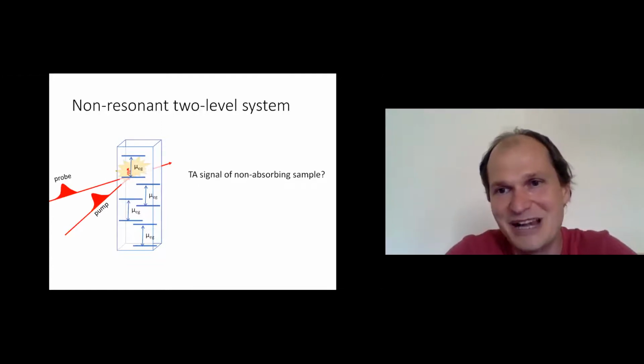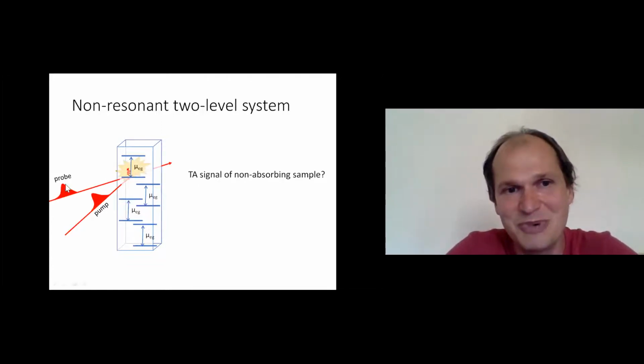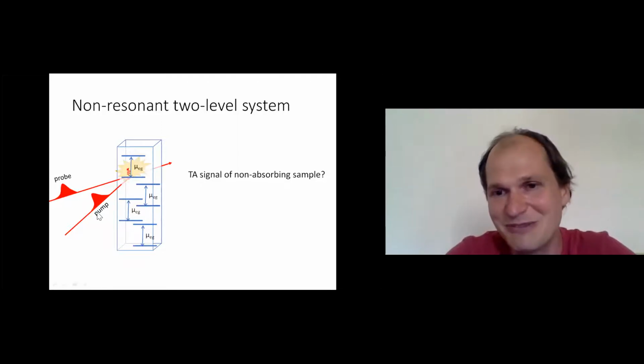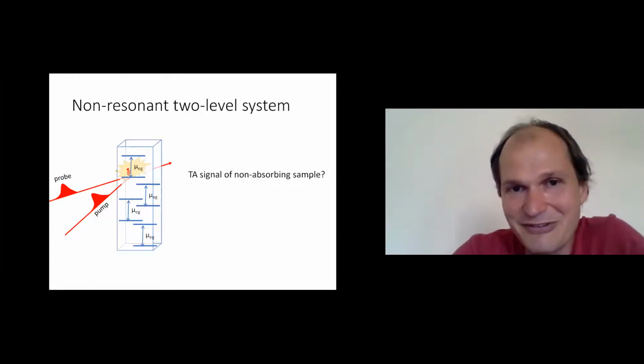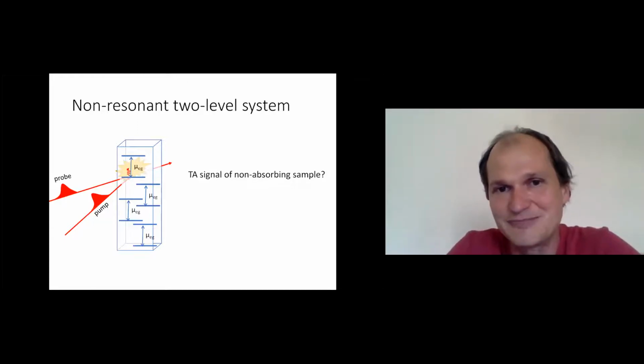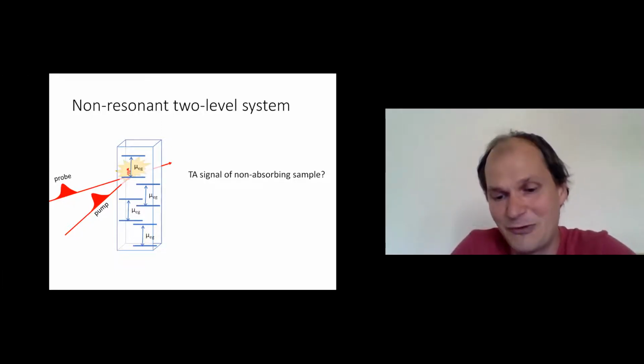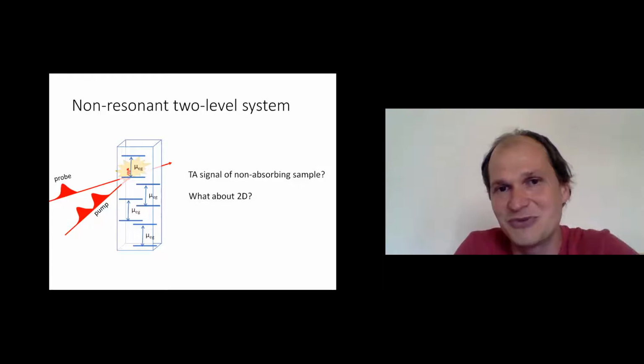Then you take visible pulses, somewhere in the red, pump and probe, and you try to measure a pump-probe experiment on a non-absorbing sample. So the question would be, what should be the TA signal of a two-level system that does not absorb in the visible? Is it even possible to think about measuring transient absorption of a non-absorbing sample? And if so, what about 2D?